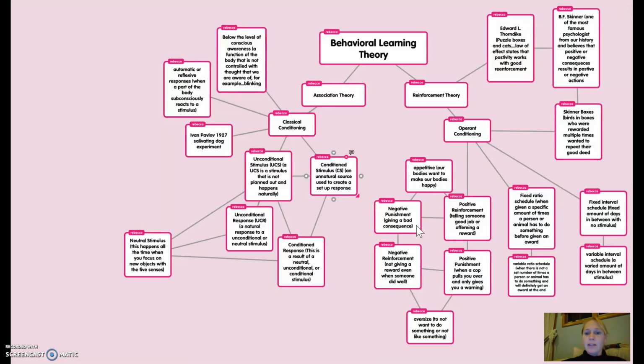Negative reinforcement is not giving a reward even when someone did well, which is not very effective when trying to teach someone and reinforce them that they're doing something good, to get them to do behavioral learning. Negative reinforcement would not be an effective way to get someone to learn something.